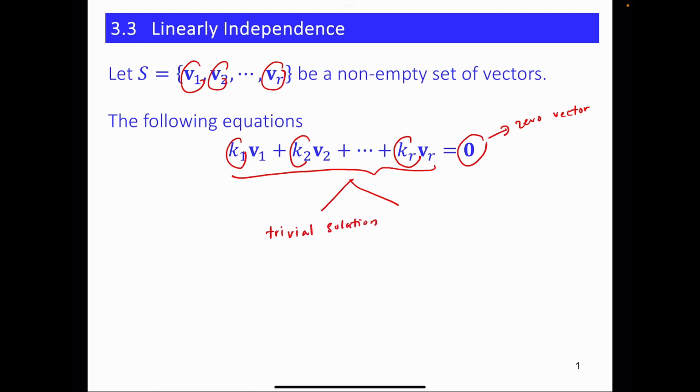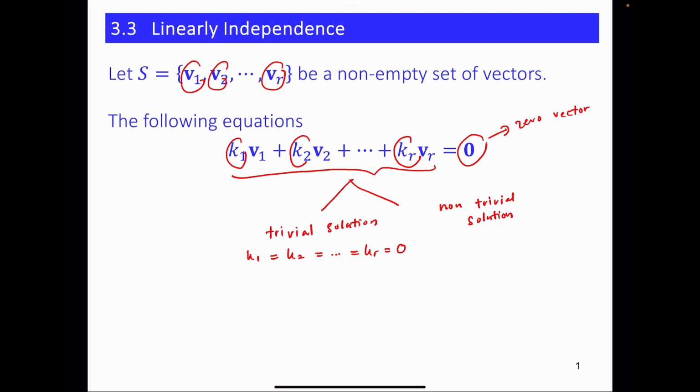The trivial solution here is K1, K2 up to Kr all zeros. This guarantees that the trivial solution exists. However, a non-trivial solution, the opposite of the trivial solution, does not necessarily exist.